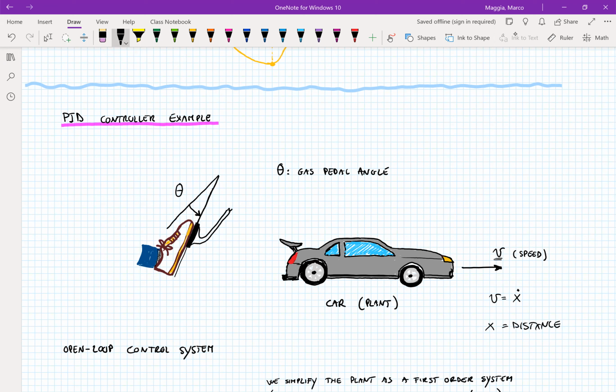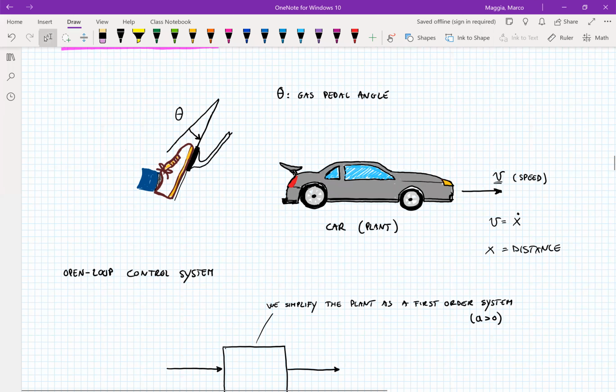So you put down your foot on the gas pedal, and when you reach a certain angle, after a little bit, after the transient part, the car will reach a constant speed. So we can simplify the overall plant in order to get this intuition that at a certain angle, after a little bit, you're going to get a constant velocity with a first order system.